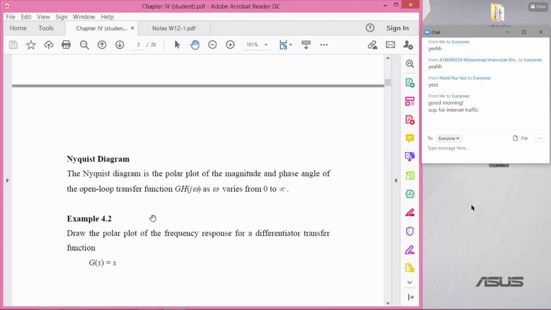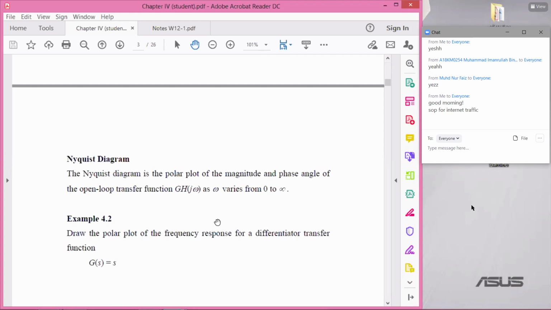The Nyquist diagram is the polar plot of the magnitude of the open loop transfer function and the phase angle on one single diagram. So it is called the Nyquist diagram.